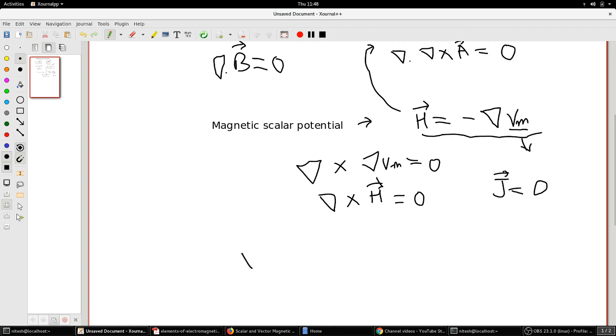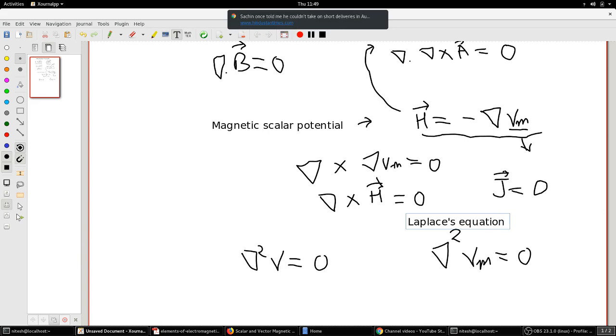Just like how, for the electrostatic field, Laplace's equation was satisfied by the electric potential, we also have Laplace's equation for the magnetic potential, which is del squared Vm is equal to 0.